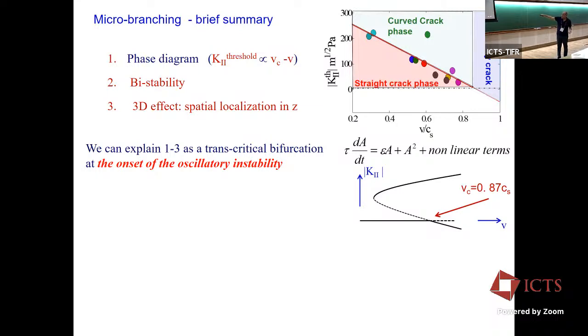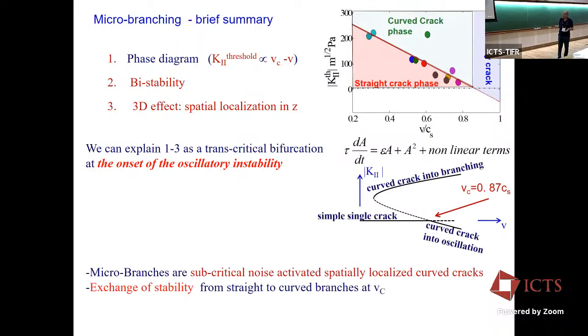If we kick it as hard as we want here, it's stable to any size perturbation. Over here, once it's on this branch, it will stay there until it falls off at the end. That's what this phase diagram is telling us. And this is basically how we understand microbranches.